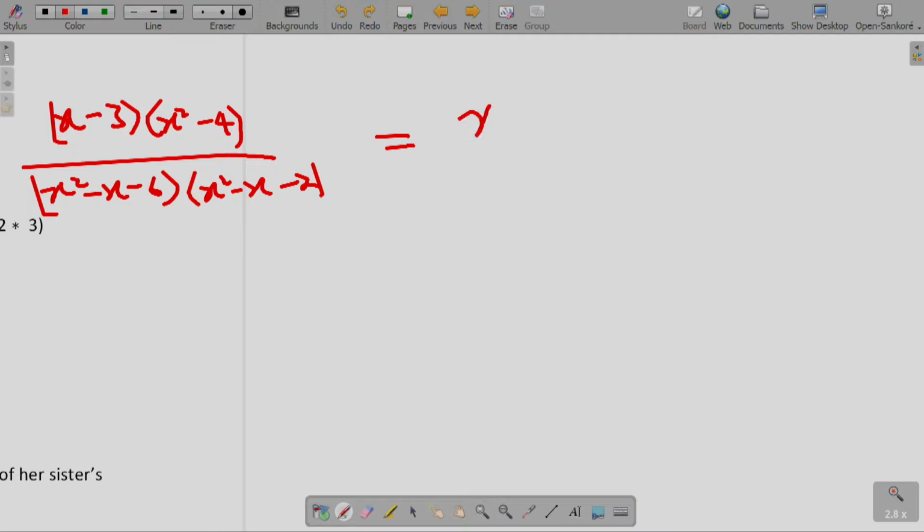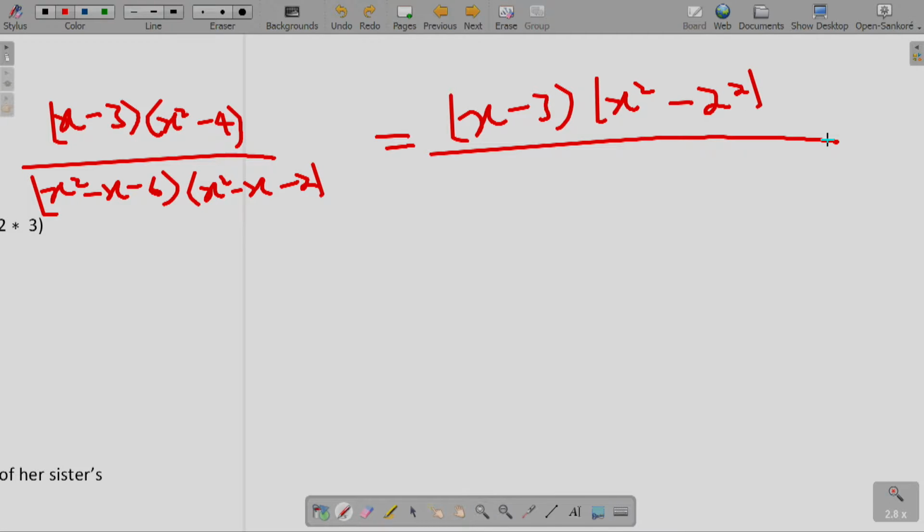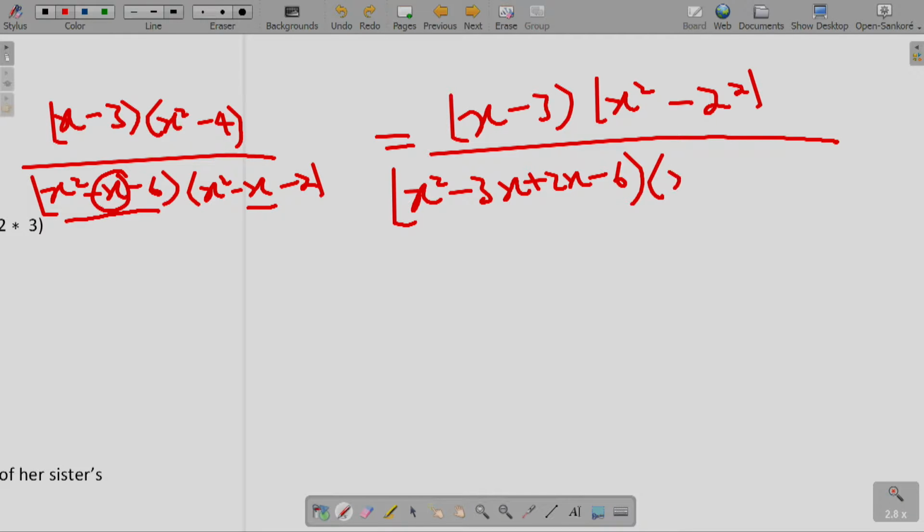So this is equal to x minus 3, and here x squared minus 4 is equal to 2 square over, here we have x squared minus x minus 6. To find out the factor, we have to split the middle term. So here we get x squared minus 3x plus 2x minus 6 times, and here also we split the middle term, x squared minus 2x plus x minus 2.